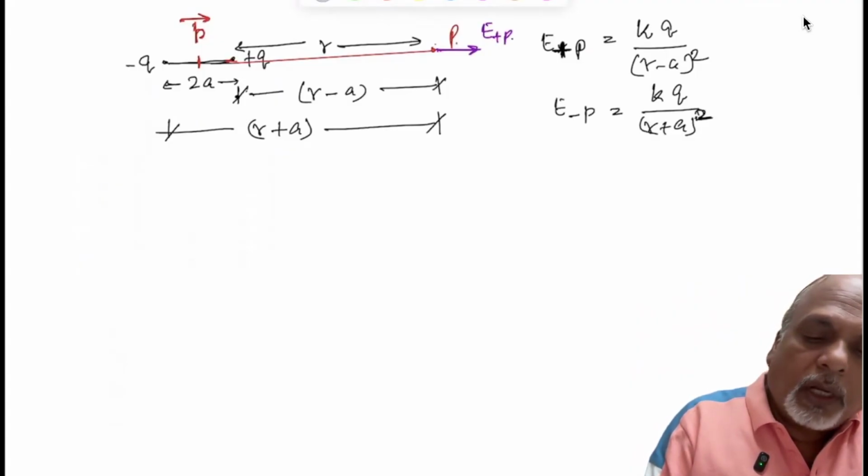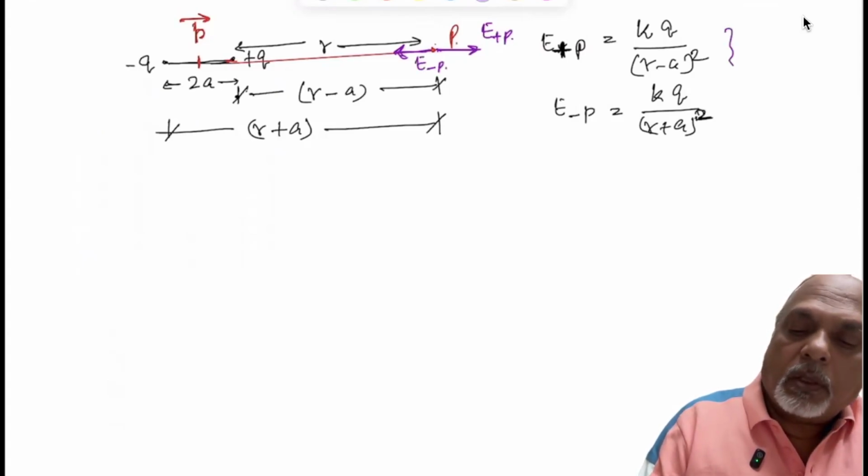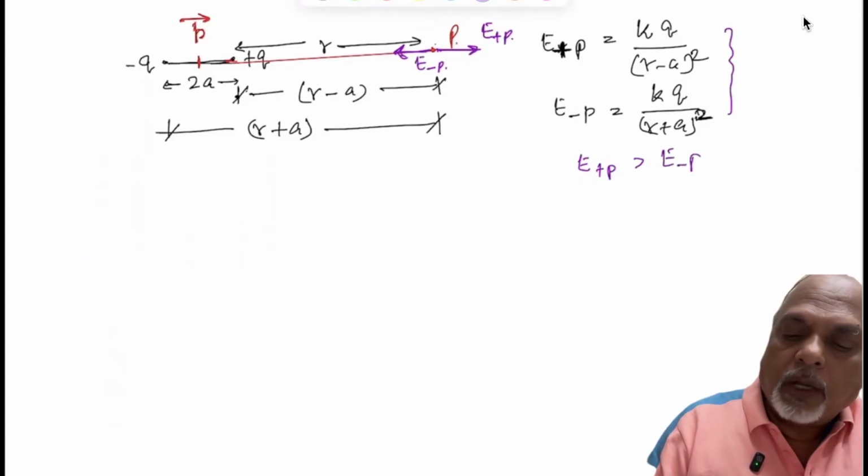Direction of this electric field will be towards the charge, because it is a minus charge. From this, you can see E plus at P is greater than E minus at P.